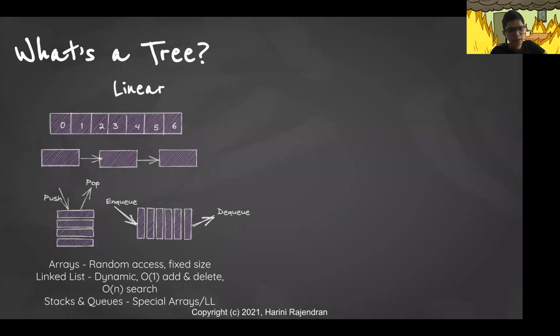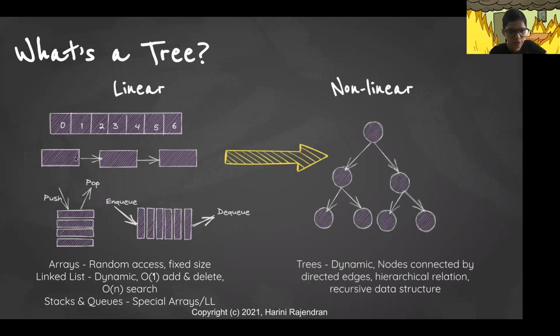Now, if we take a linear data structure, for example this linked list, and extend it into a hierarchical format, where instead of each node pointing to just the adjacent element in the linked list, we make each node point to two children like this and set it up as a hierarchical structure, then we would get trees.